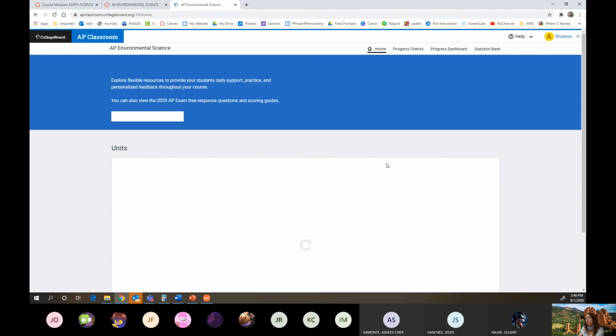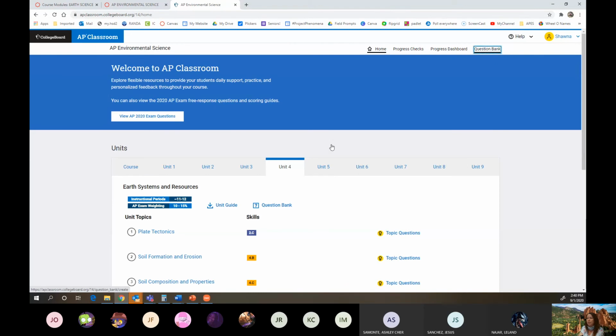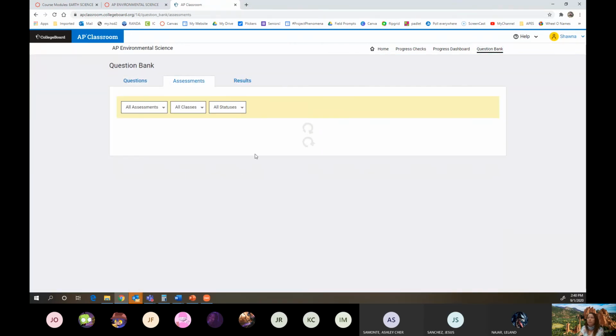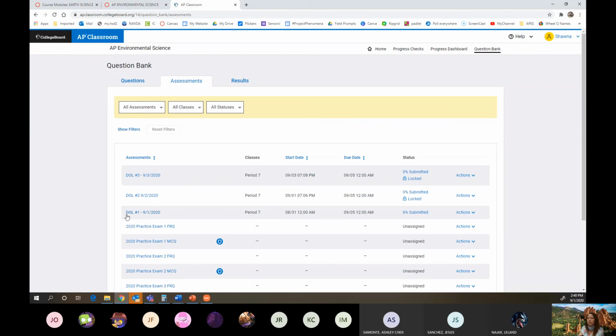There it goes, slowly but surely. It should just be on your home page, but it'll say DOL number 1, and then later on in the week it'll say DOL 1 with today's date, DOL 2 will come tomorrow, and so on. All right, so that's how you get to it. Yours right now will only have this one.